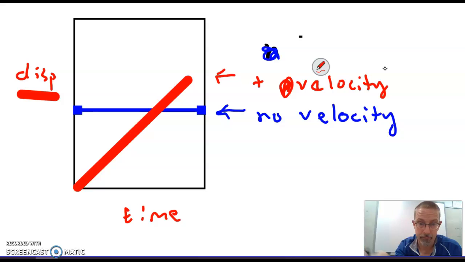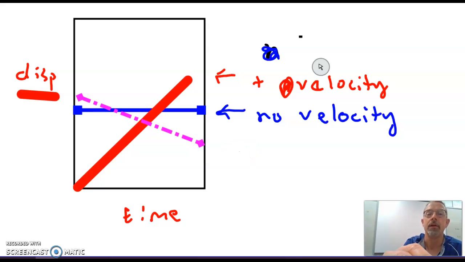But I don't necessarily have to have a positive velocity. I could have a negative velocity, and a negative velocity might look like this. Okay, so this right here, let's use a pink line here, would represent a negative velocity.